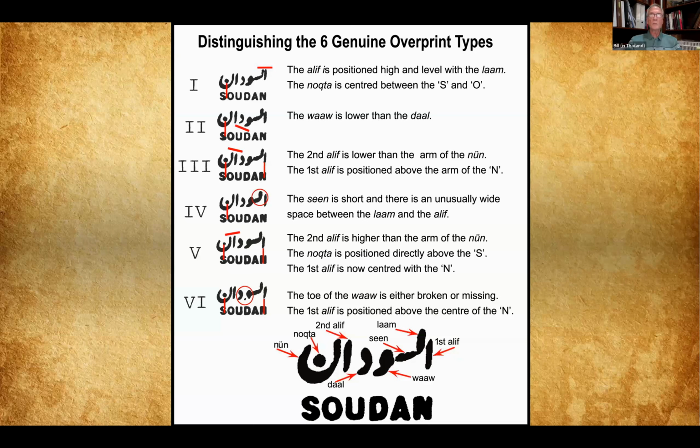Those of us who are intimately familiar with the first provisional postage stamps of Sudan know that there are 6 primary overprint types. Becoming familiar with the variations is the first step in helping us to distinguish genuine overprints from forged overprints.